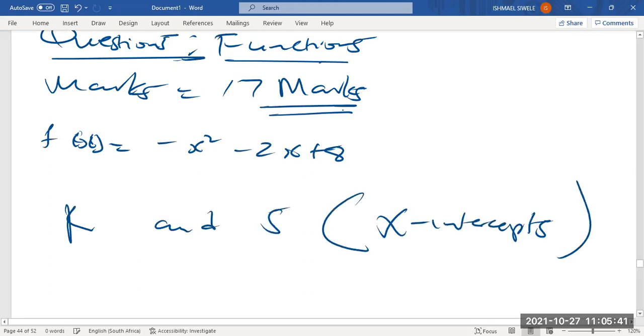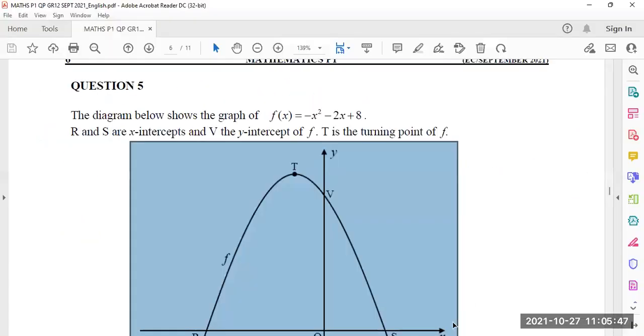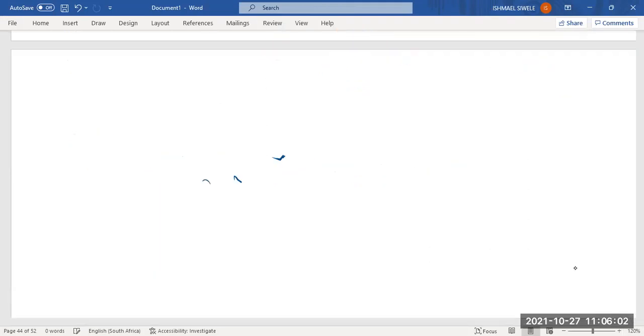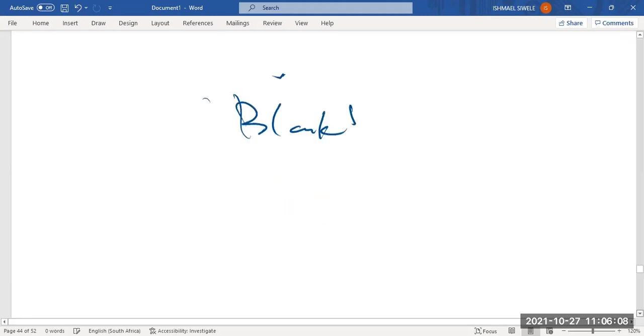Then what else are we supposed to know? T is the turning point of f. So they're saying T is the turning point. Okay, so I'm just going to leave it blank like this.